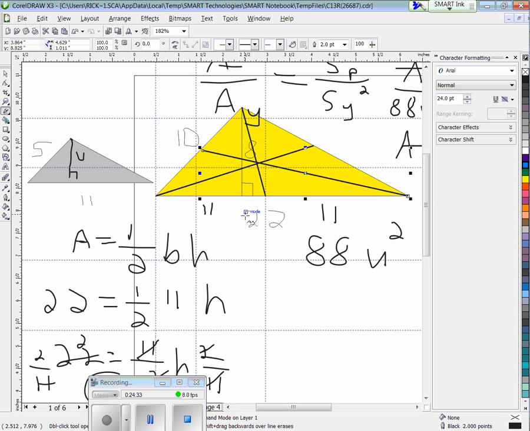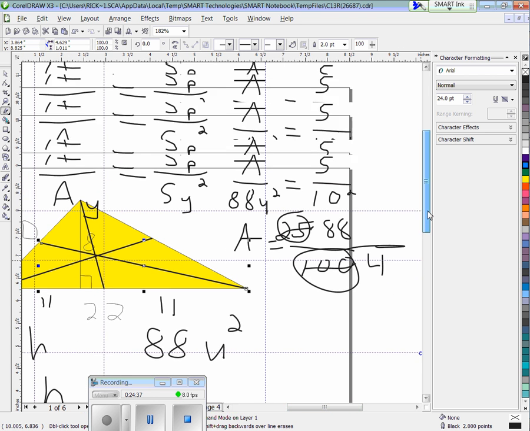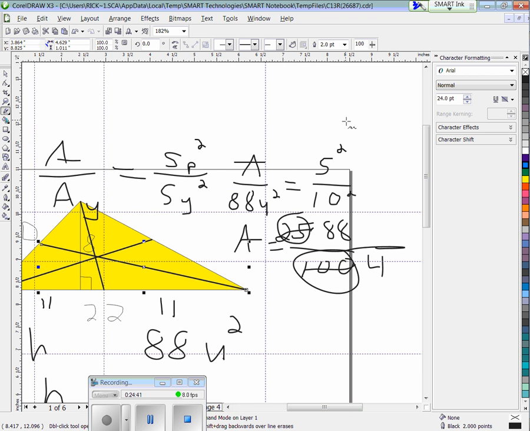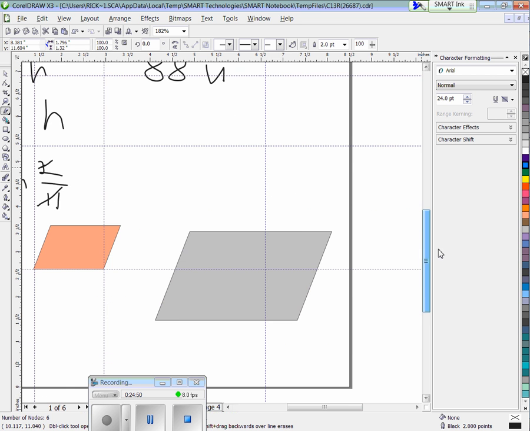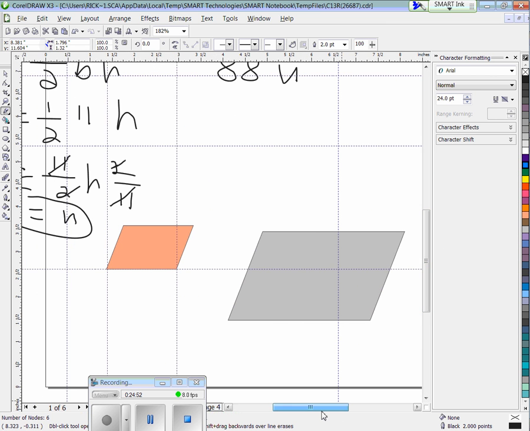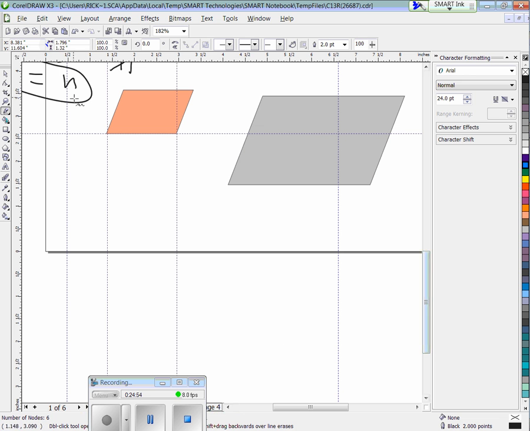But remember, key, the areas are proportional to the sides squared, right? The area is proportional to the sides squared. I could have done the same thing down here with these parallelograms. You can see this parallelogram is half the size of the purple. And what's the area? Because it's a half, it's going to be 1/4.